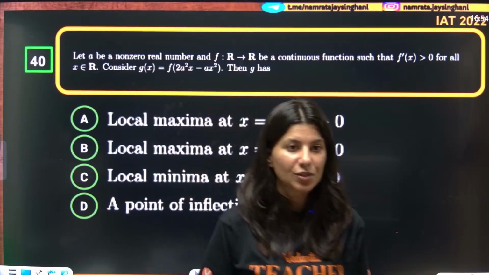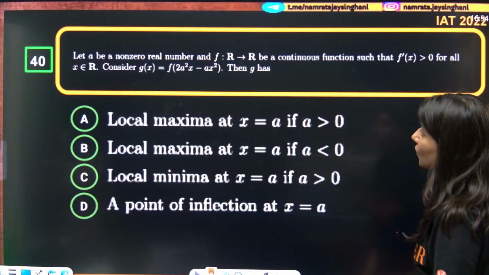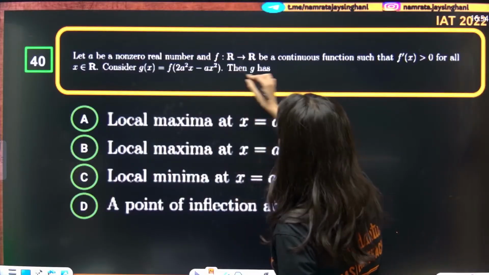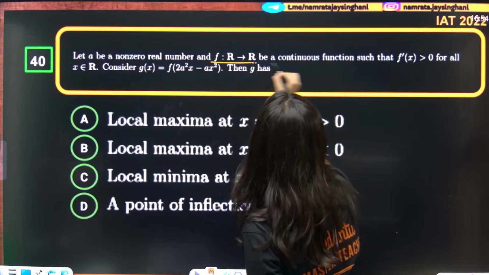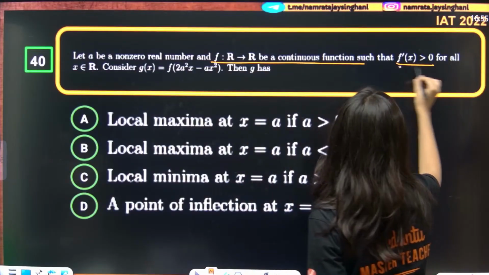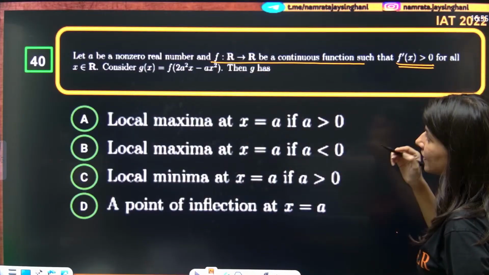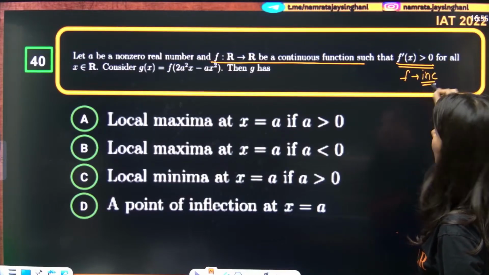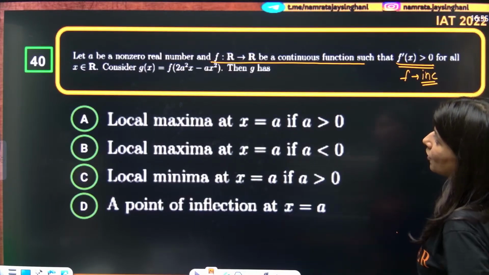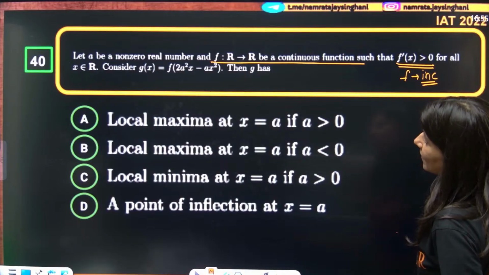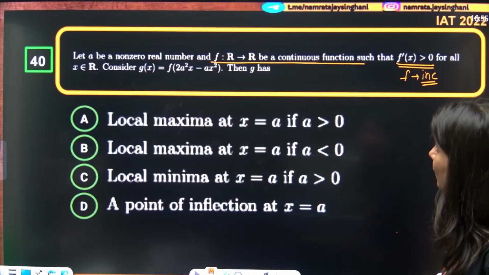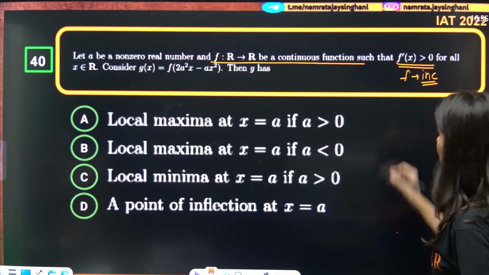Yes, next question. Let a be a non-zero number and f be a continuous function such that f dash x is greater than 0. What does that mean? That f is an increasing function for all x belonging to R. Now g of x is another function, which is f of 2a square x minus ax square. Then g has, okay, what? So let's differentiate g.